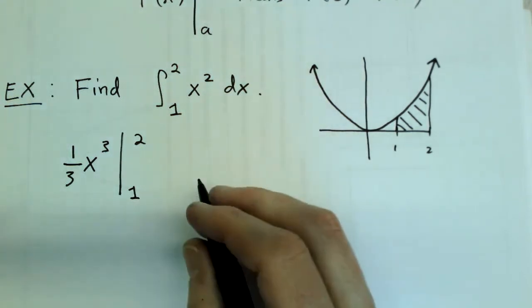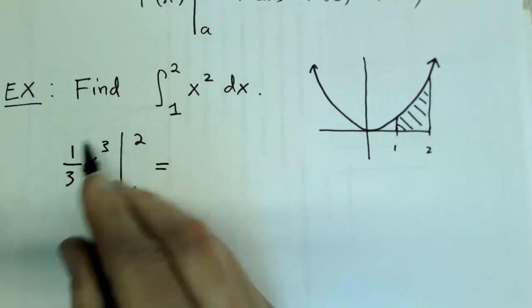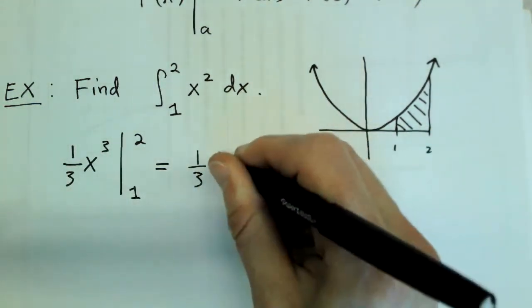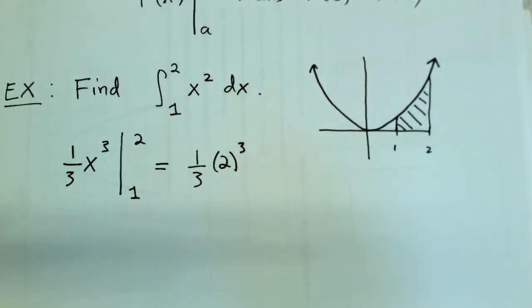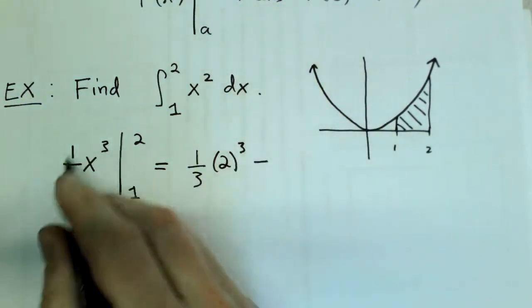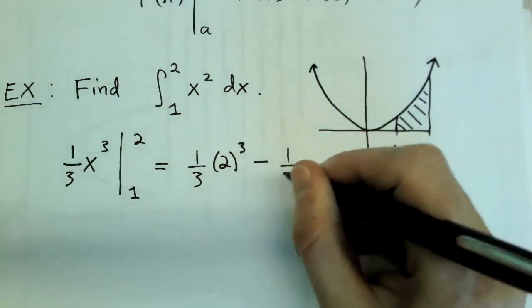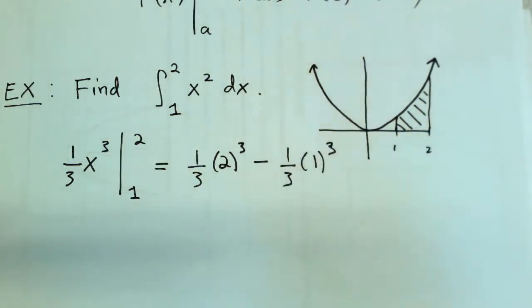So literally all this means is evaluate this function at 2. So that would be 1/3 times 2 to the 3rd, minus this function evaluated at 1. That's 1/3 of 1 to the 3rd.